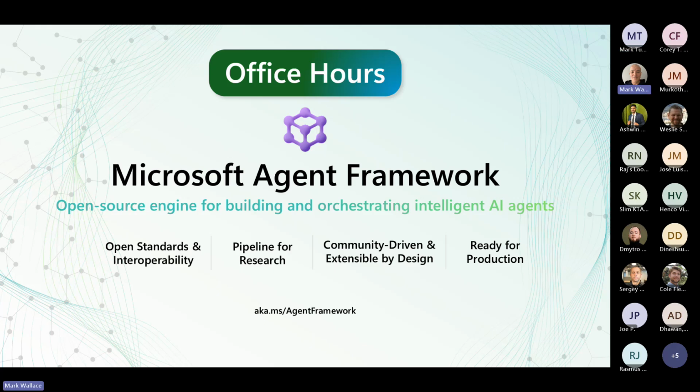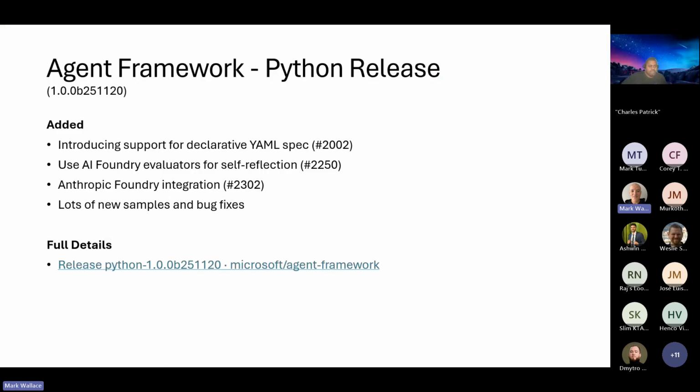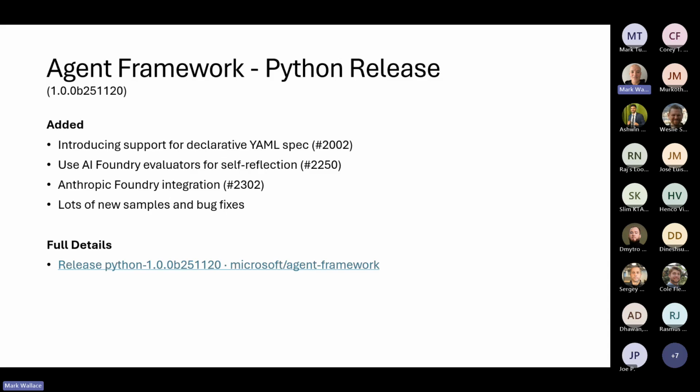Okay, so why don't we get started then? I'm just going to go over the recent releases. We've had the latest release of Agent Framework for Python. It includes support for declarative agents. So now you can create agents using a YAML file and then load and instantiate them that way.